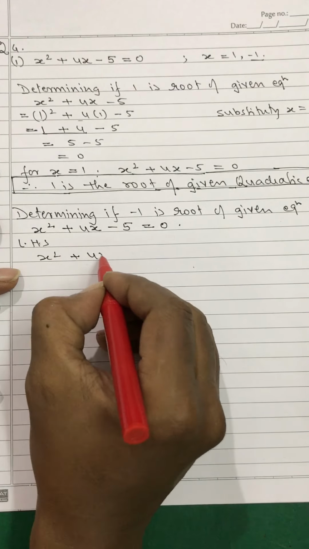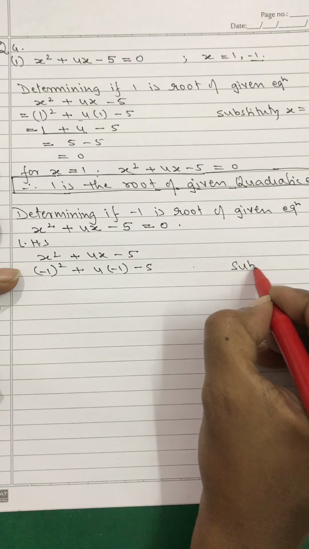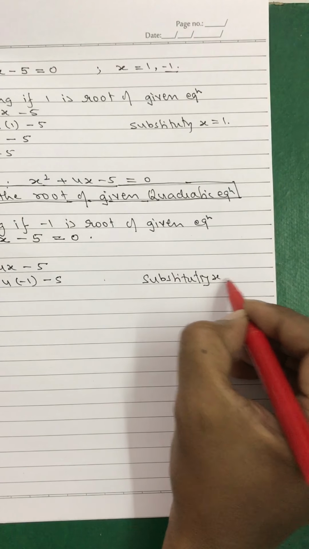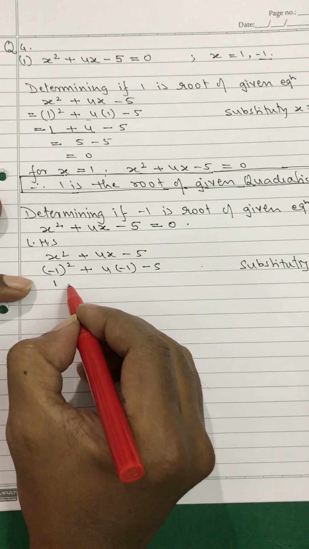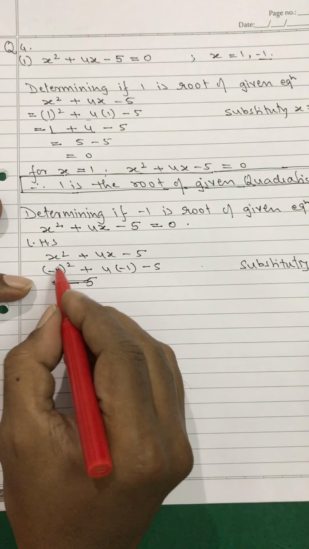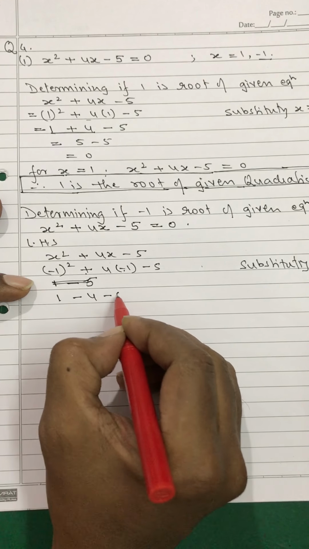So here we will write minus 1 in place of x. You get 1 square is 1, plus minus 4 ones are minus 4, minus 5.